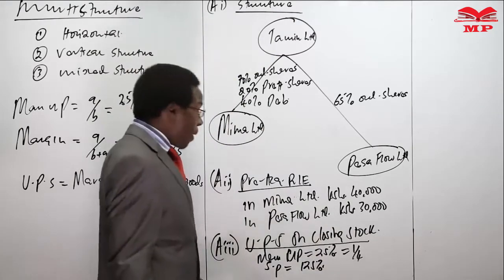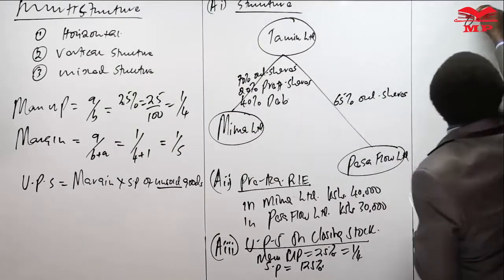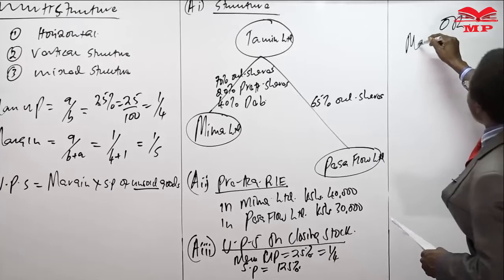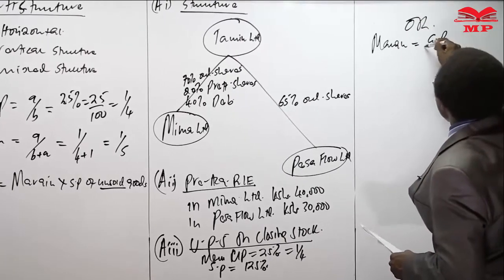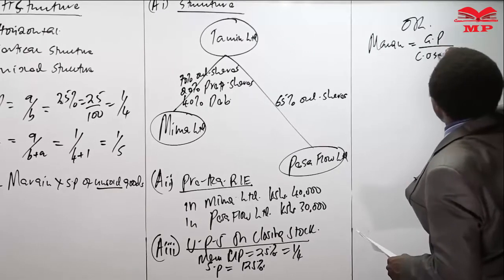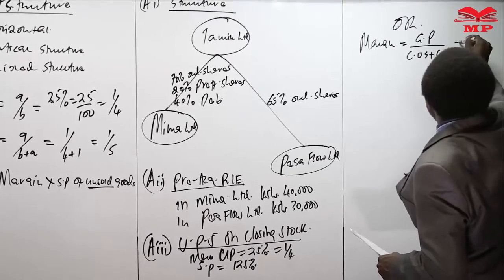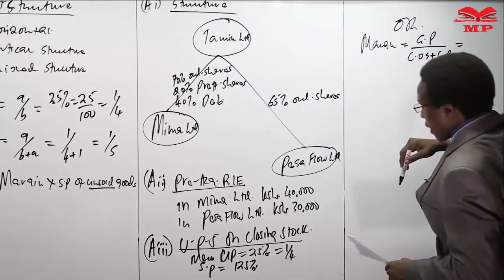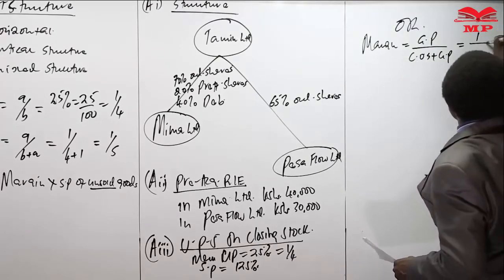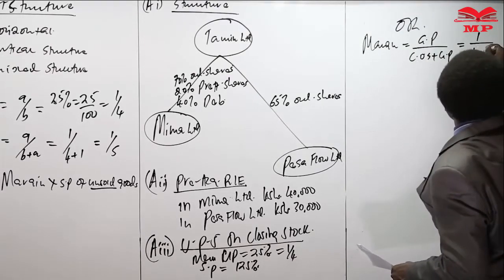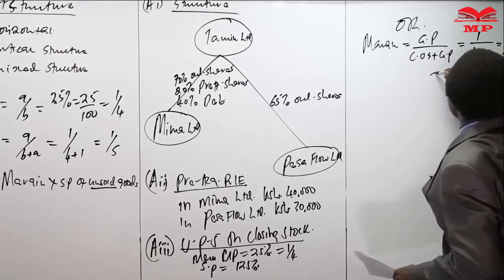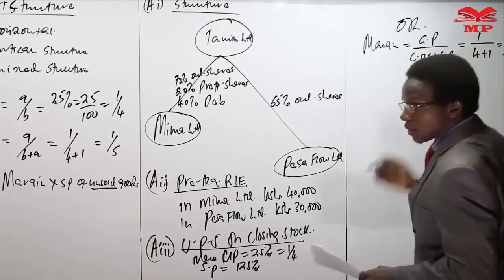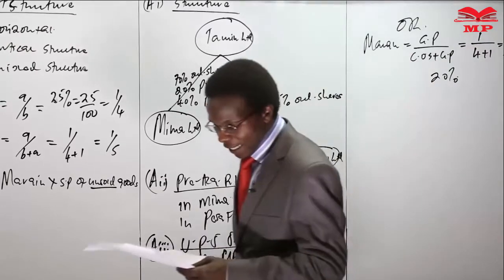Alternatively, you can use a margin, where margin equals gross profit over cost of sales plus gross profit. Our gross profit is 1, our cost of sales is 4, plus 1, we get 1/5, which is equal to 20%. That's important. We can use that directly.